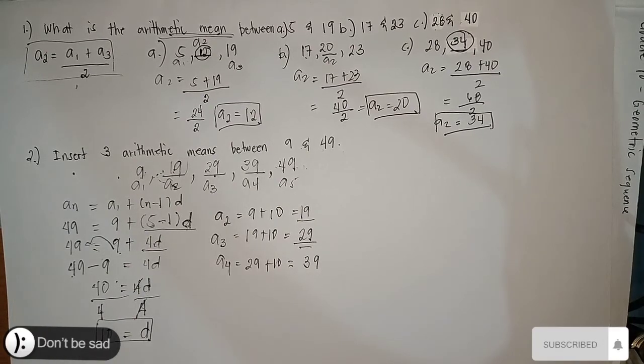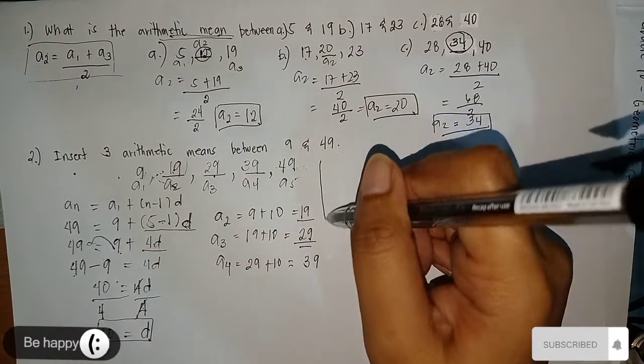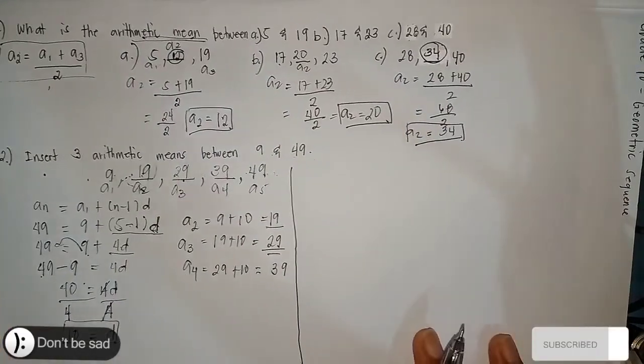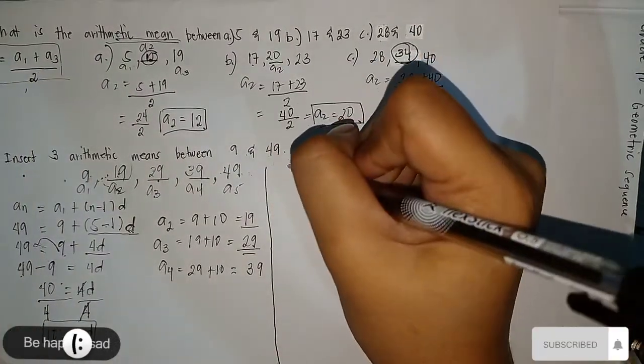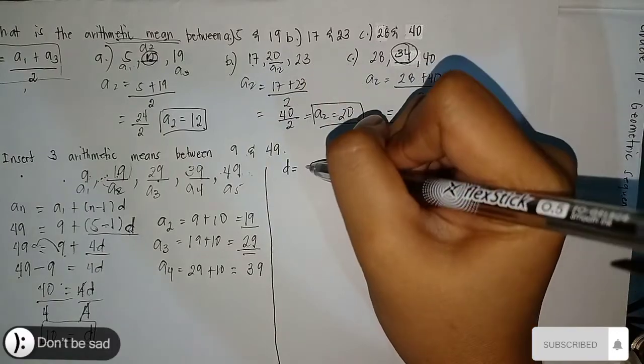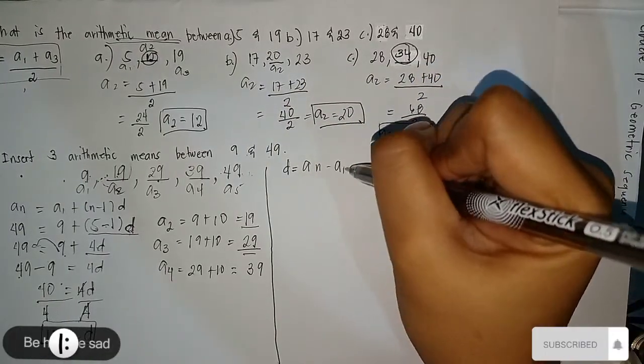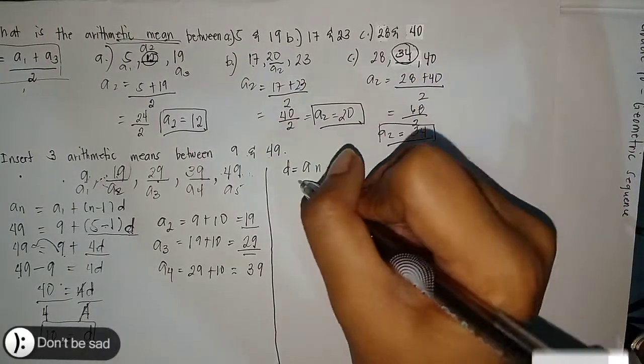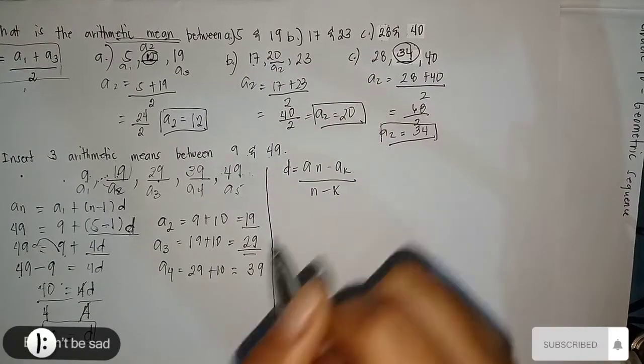Okay? Now, gamitin natin yung isa pang formula na binigay ko sa inyo kanina. Ano yung formula na yon? We have d is equal to a sub n minus a sub k over n minus k.